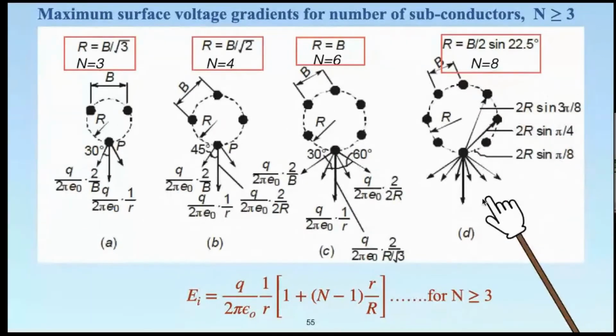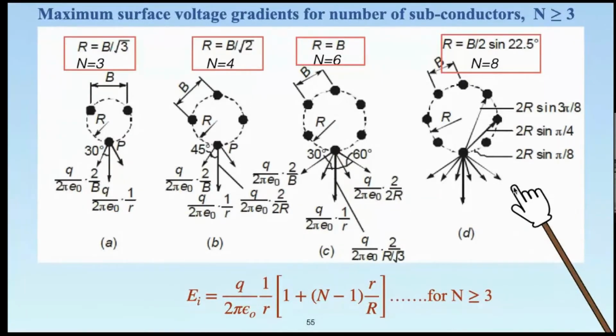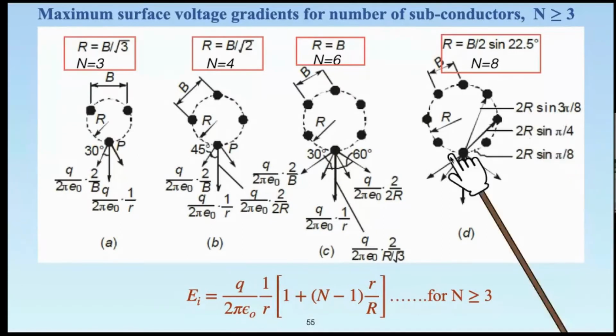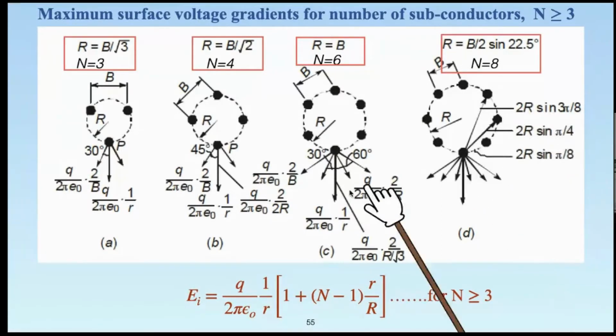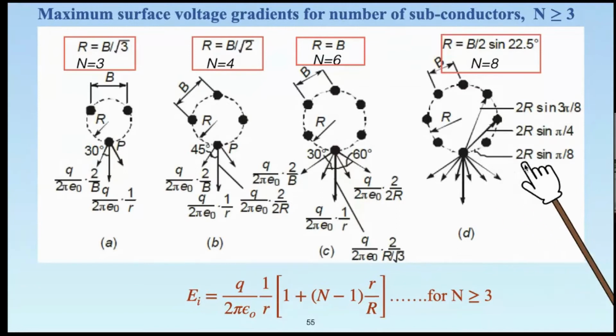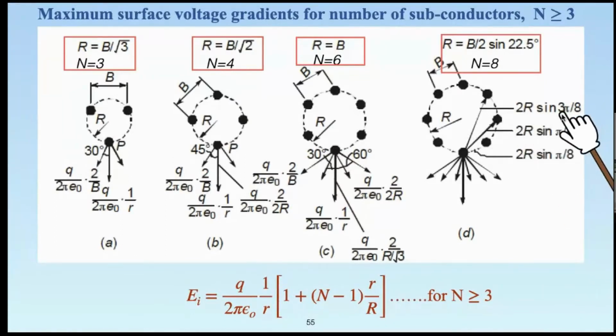And you can see here for 6 only we require so much of space, and for writing all 8 components, it will be really difficult to express these equations here in this small space. That's why it is not written. And you can see here the distances are also not very straightforward. This distance is twice r sine pi by 8, this distance is twice r sine pi by 4, then this distance is twice r sine 3 pi by 8.